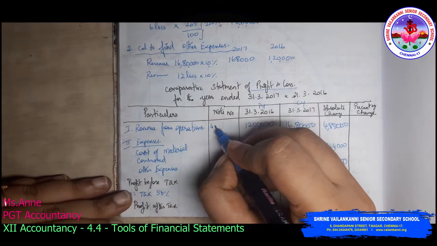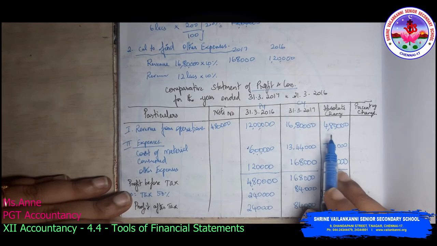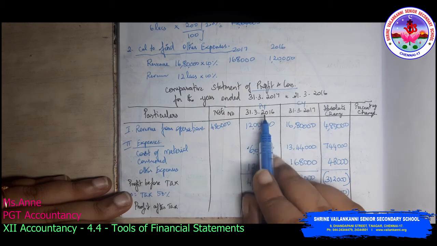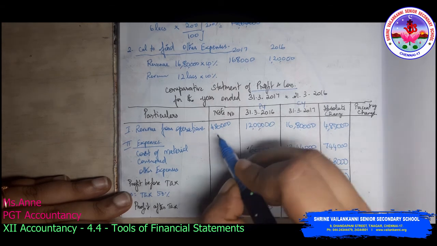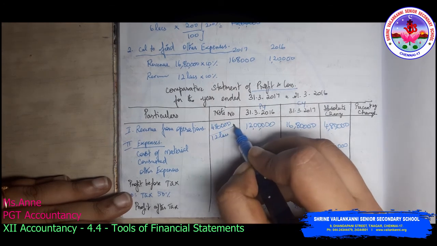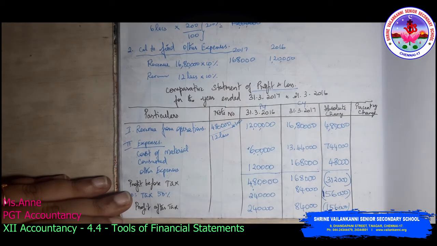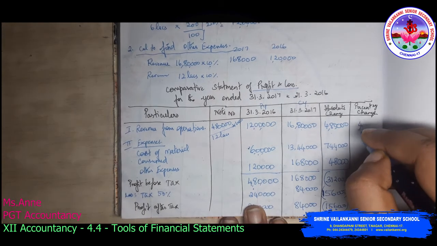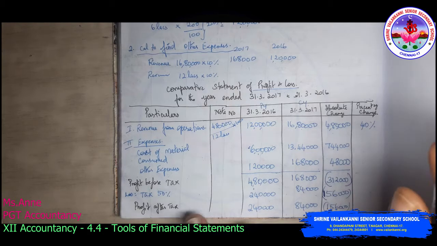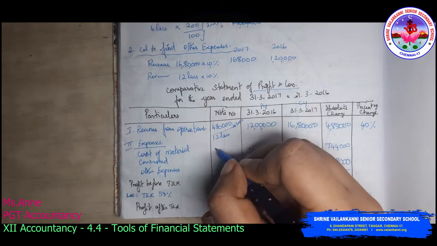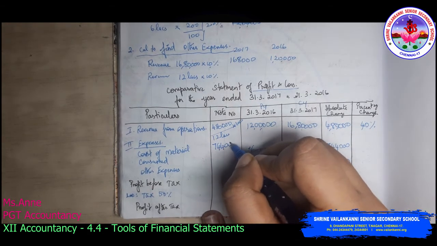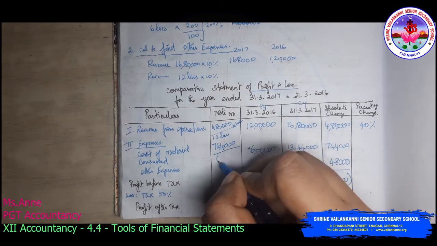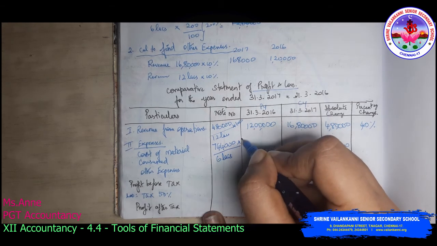So 4,80,000, always the absolute change divided by the previous year figure into 100. So divided by 12 lakhs into 100. So 4,80,000 divided by 12 lakhs into 100, that's going to give me 40%. So 40% change. So it is a positive figure. I'm just going to leave it as such. Then I'm having 7,44,000 divided by the previous year figure, 6 lakhs into 100.